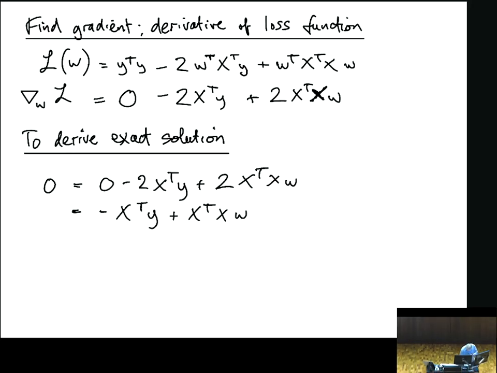So let me write it like this. X transpose x w equals, I've kind of switched it around, right? I'm just going to change sides. But we want an expression for w. So what do we do? Yeah, right. If this was just scalar stuff, we just divide.